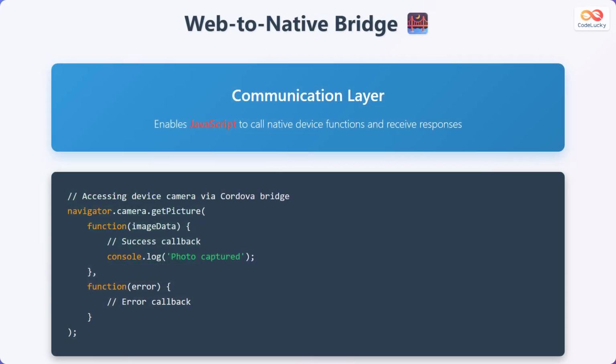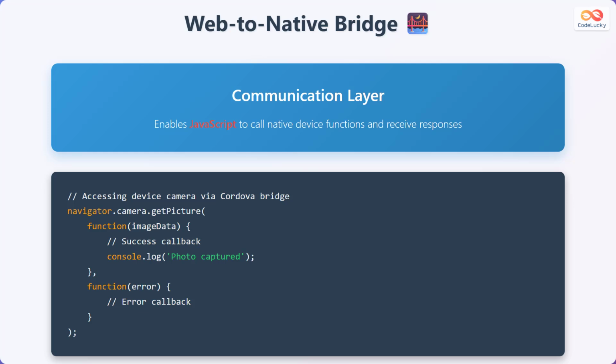The web-to-native bridge is the core component that makes hybrid app development possible in Cordova. It serves as a communication layer that enables JavaScript code to call native device functions and receive responses back. When your JavaScript code needs to access a device feature like the camera, it makes a call through the bridge.